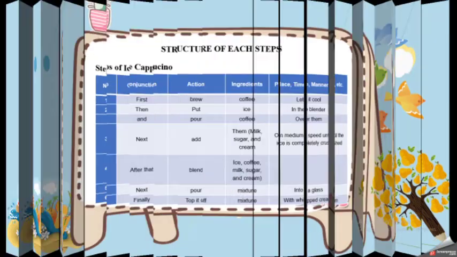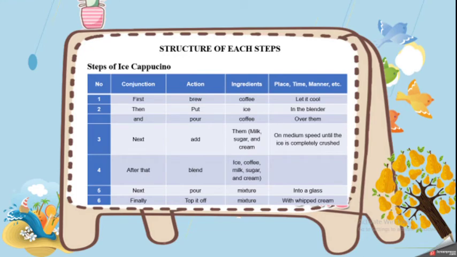Then there is the structure of each steps. In the table there is number, conjunction, action, ingredients, and the adverb of place, time, or manner. For example, number 1. In the steps number 1, there is the conjunctions.